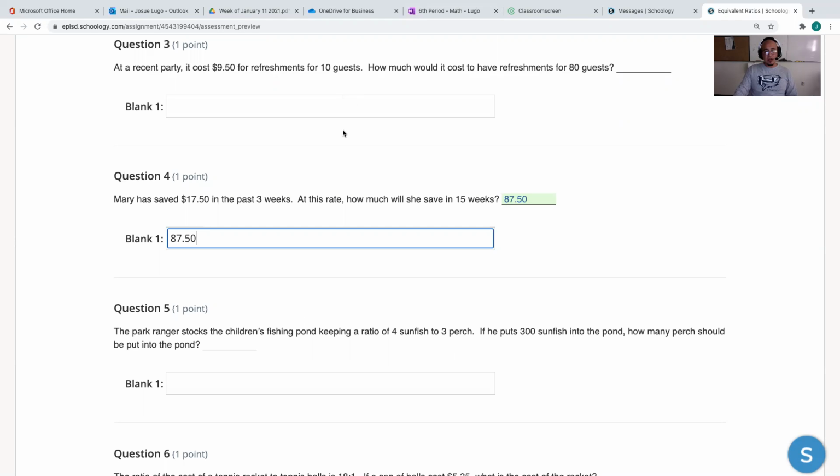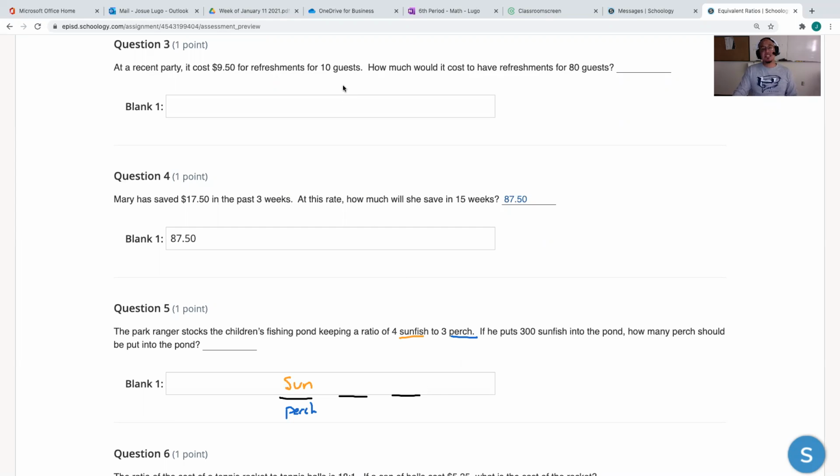All right. Well, the two things that I'm comparing are sunfish and perch, right? So I'm going to write down my word fraction. I have sunfish. I'm just going to write the word sun. That's going to be my numerator, and my denominator is going to be perch. There is my word fraction. Those are the two things that I will be comparing.